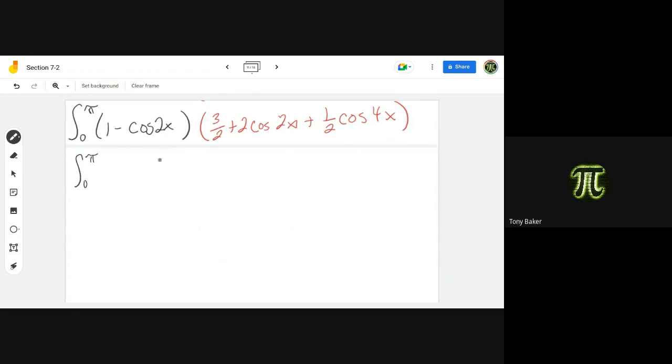So we got 1 times that, so 3/2 plus 2 cosine 2x plus 1/2 cosine 4x minus 3/2 cosine 2x minus 2 cosine squared 2x minus 1/2 cosine 2x cosine 4x, because I can't put those together.